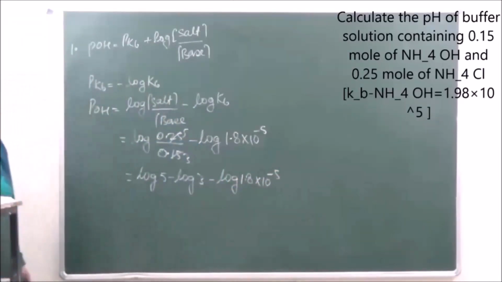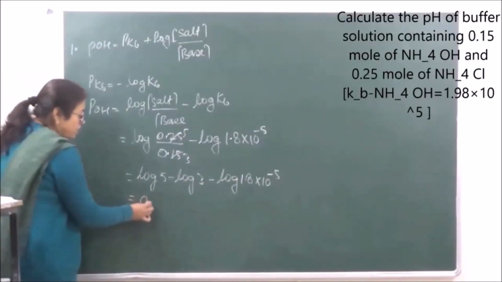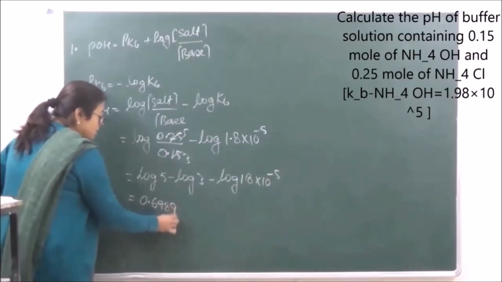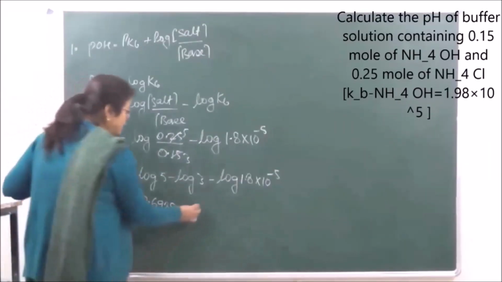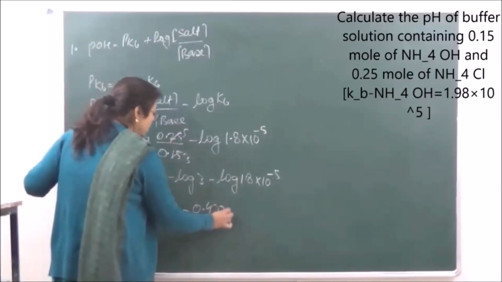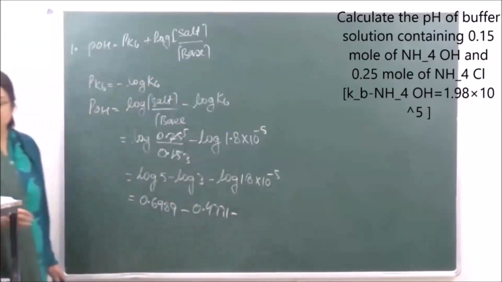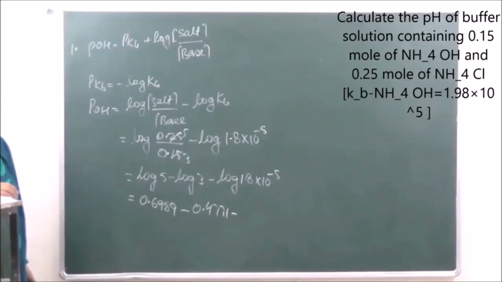Now the value of log of 5 is 0.6989, so we put the value. Log of 3 has a value of 0.4771. Okay? And the value which comes, minus and minus is going to become plus.